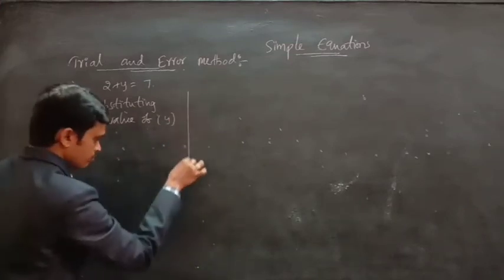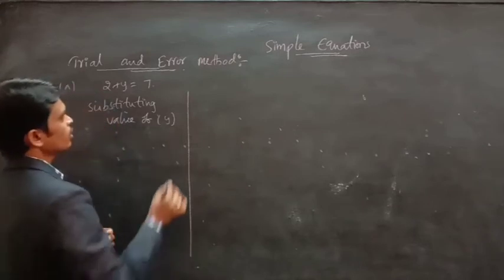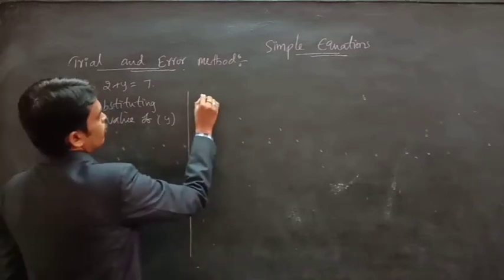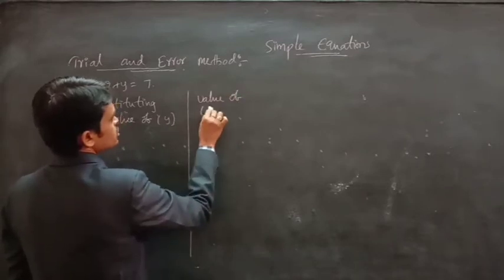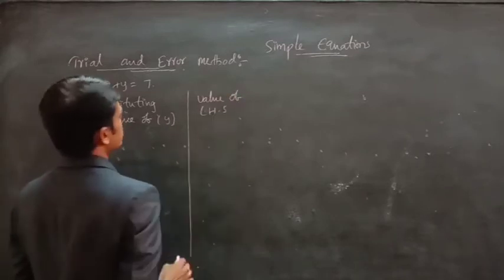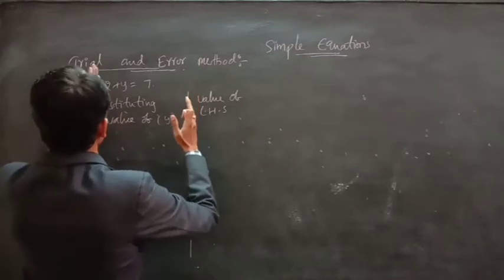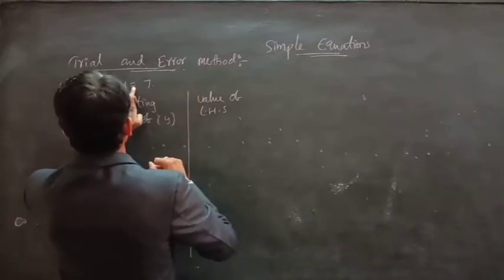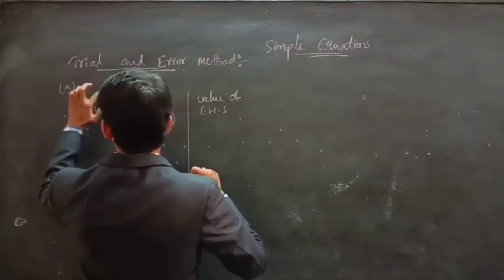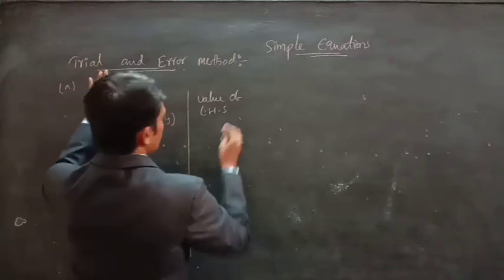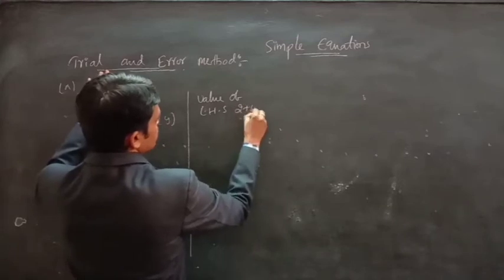Next column, value of LHS. Look here, this is the equal sign. This side of the equal sign we count as the LHS. So what is the value of LHS? 2 plus y.